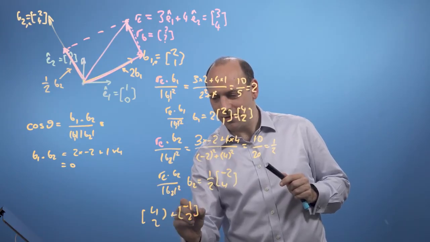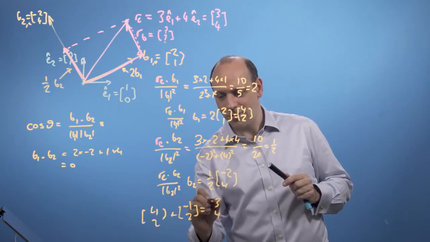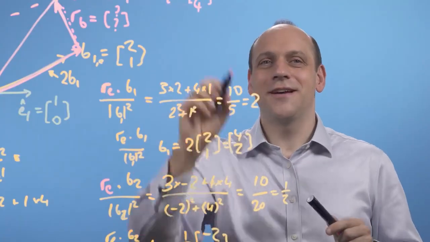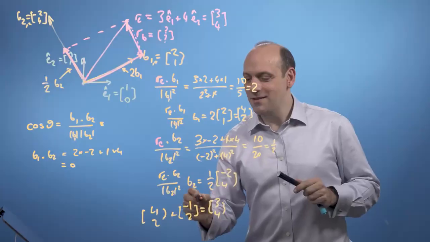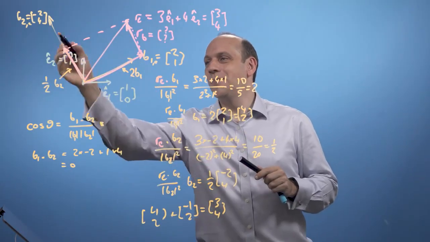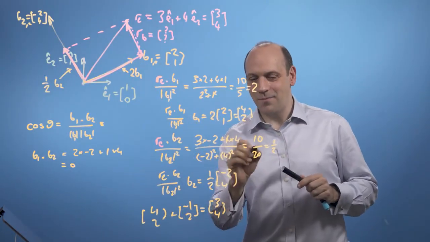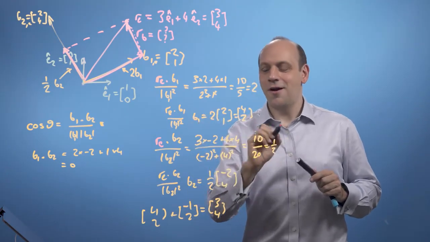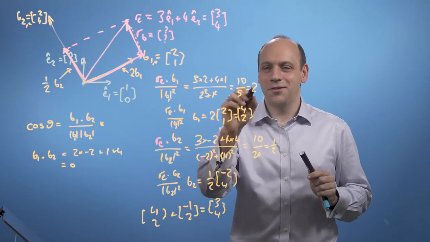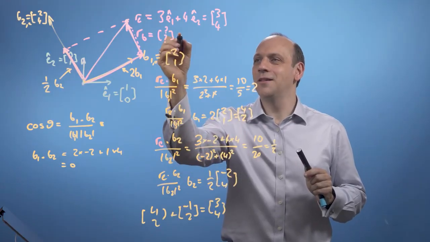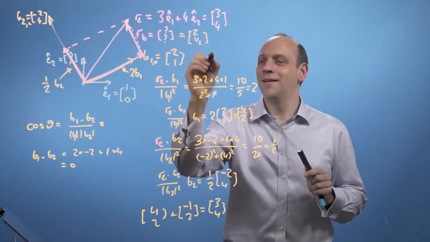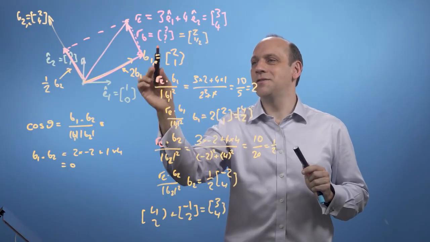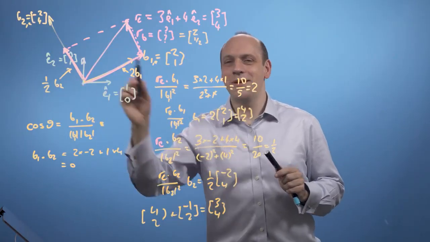If I add those together, I've got 3, 4, which is just my original vector R, 3, 4, in the basis E. So in the basis of B1 and B2, our R_B is going to be 2, 0.5. Very nice, 2, 0.5. So actually in the basis B, it's going to be 0.5 there. So our R is 2 times B1 plus 1/2 times B2.